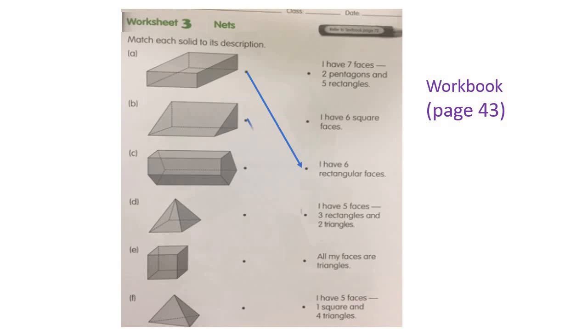Okay, number 2, I have 5 faces in total, but 3 are rectangles and 2 are triangles, which is B. So there are 3 rectangles, one at the top, back and down, and I have 2 triangles, one here and one here.